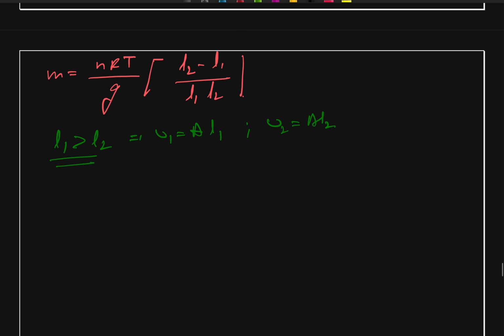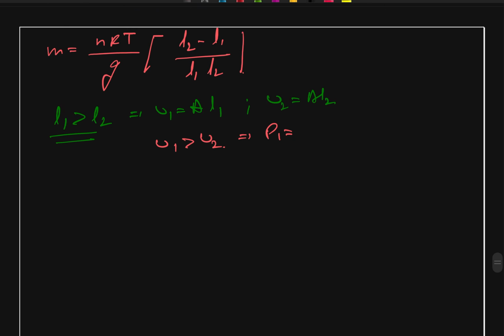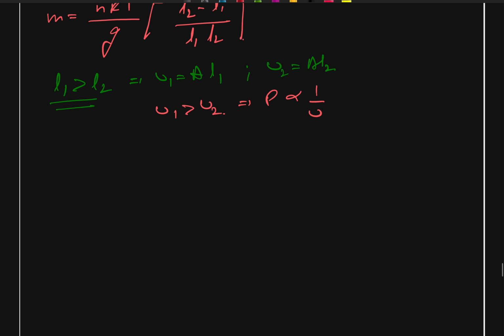Therefore, we can also say that V1 is greater than V2. Pressure is inversely proportional to volume. Thus we can write that P1 upon P2 is equal to V2 upon V1.